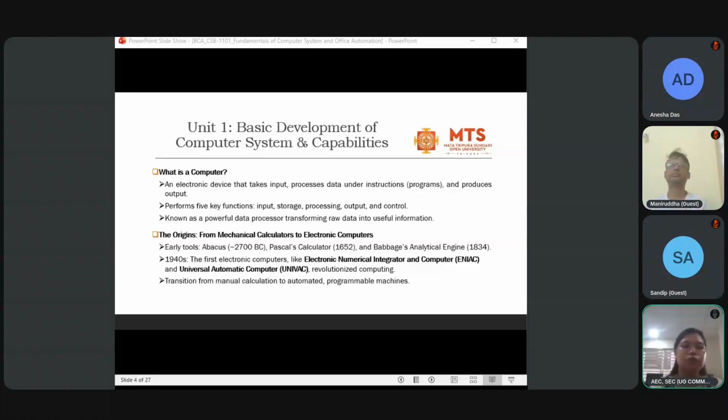An early tool was the abacus, around 2700 BC. Pascal's calculator in 1652 and Babbage's analytical engine in 1834, right?